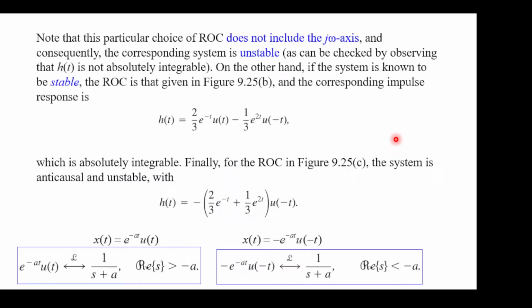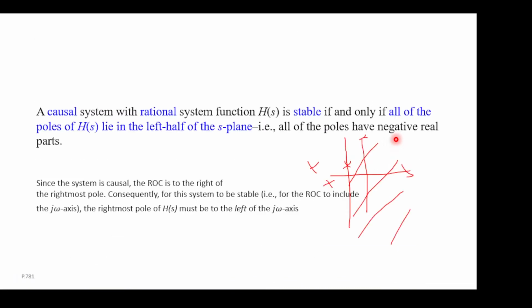So from this example, a natural question you can think about is, what if I wanted my system to be both causal and stable? If you want to be causal, you need to pick the rightmost RC. And if you want to be stable, this rightmost RC needs to include your j omega axis. So that means that your rightmost pole here must be left of your j omega axis.